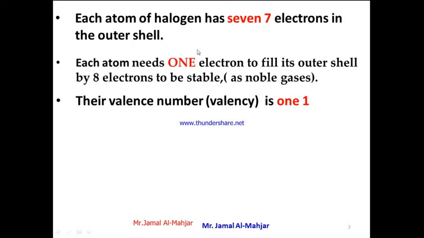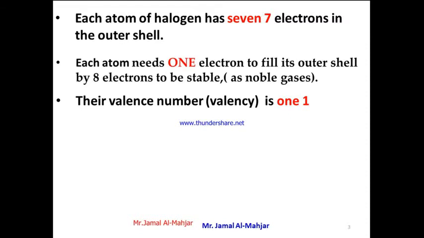Because they have 7, they need only 1 electron. So each atom needs 1 electron to fill its outer shell with 8 electrons to be stable, like the noble gases, the elements of group 8. They don't react. They are more stable.